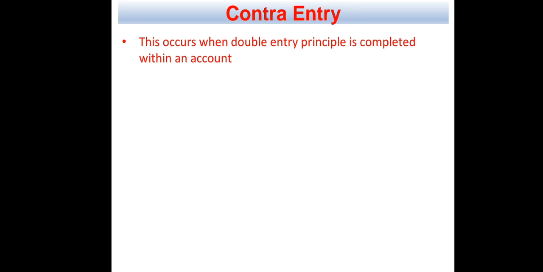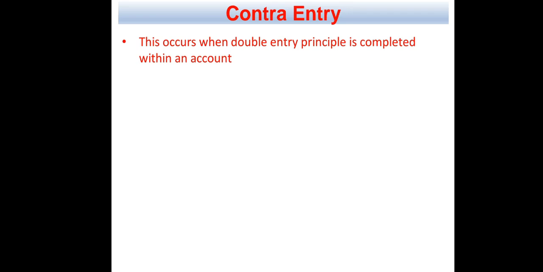This occurs when double entry principle is completed within an account. If you remember the double entry principle, for every debit entry, there must be a corresponding credit entry. That is what we are talking about when we are preparing ledger. That means each time we open a debit entry, the corresponding entry will go to the credit side of the other transaction.